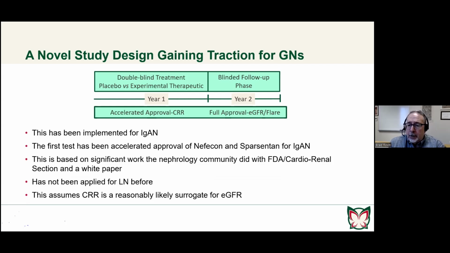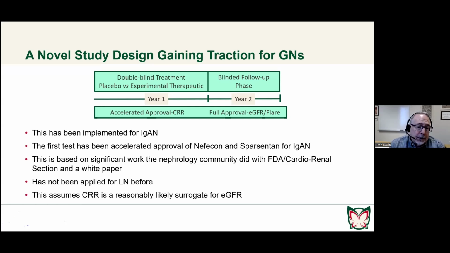I suggest that we really can start to think about a novel study design, and this is gaining traction for other glomerular diseases. And we've implemented this for IgA nephropathy, which is another immune complex mediated glomerular disease. We do a double-blind treatment, placebo versus the experimental therapeutic for 9 months to a year. And in the IgA trials, we can achieve accelerated approval for the drug based on proteinuria.